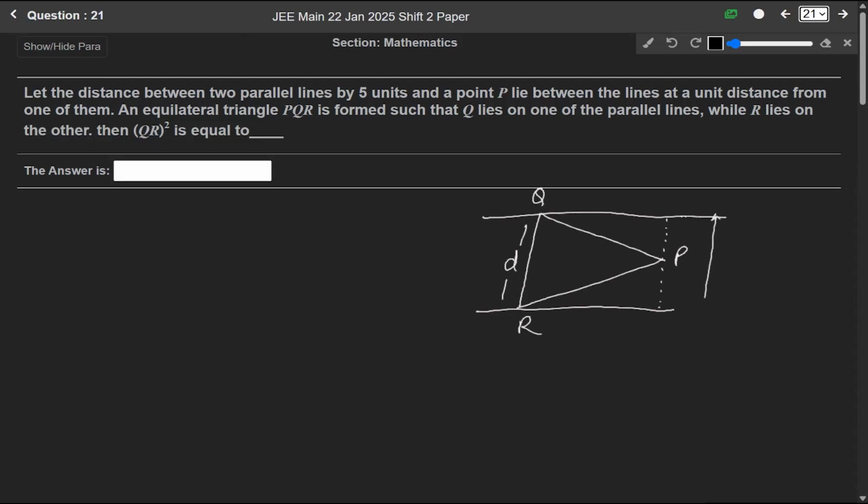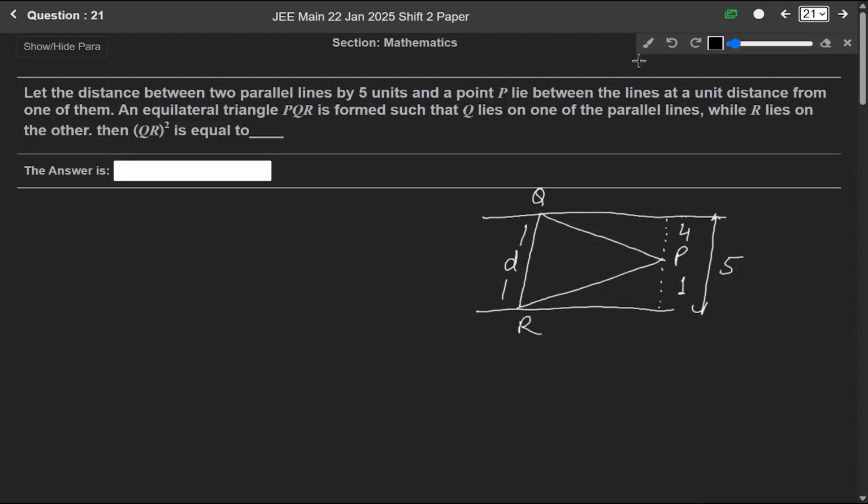Let us say this distance is 5 units, and a point P lies between the lines at a unit distance from one of them. If it is one from here, then here it will be 4. An equilateral triangle PQR is formed such that Q lies on one of the parallel lines while R lies on the other. Then we have to find QR².